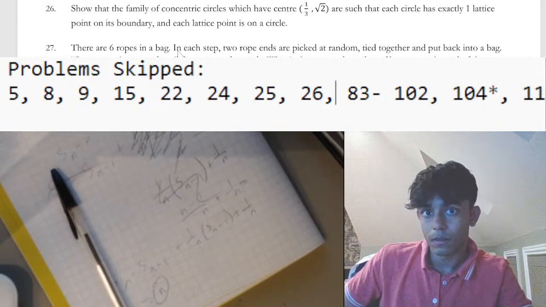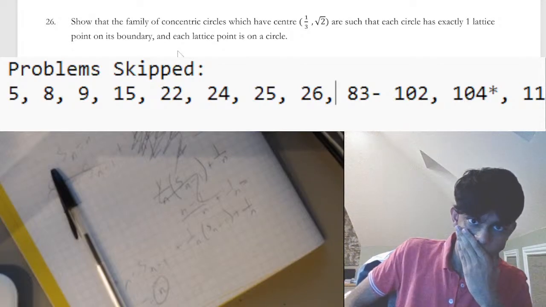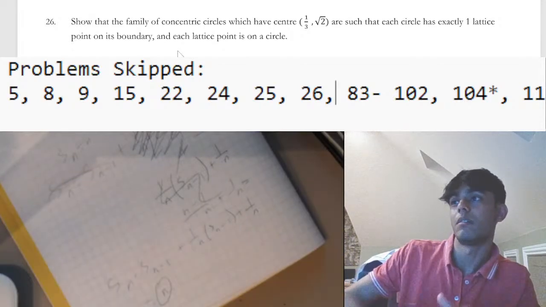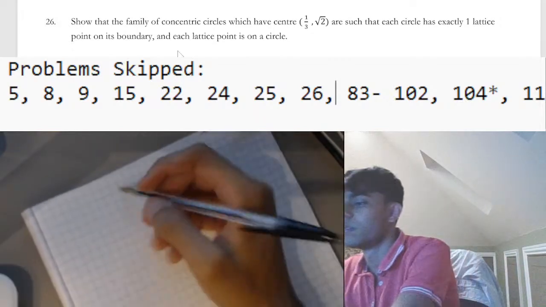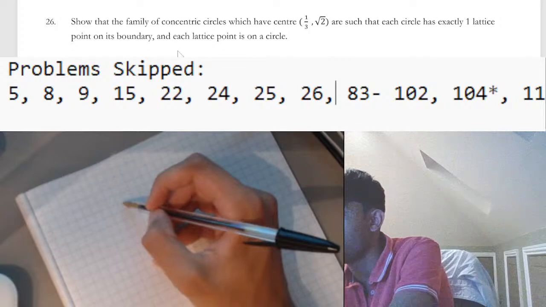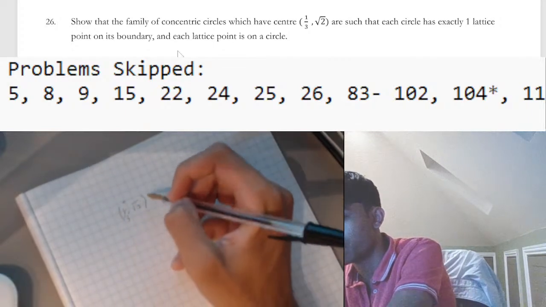26. This is one I didn't really understand. So you have a third and root 2.